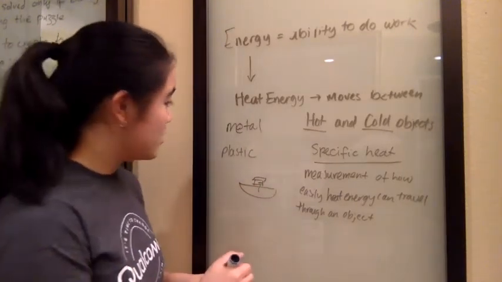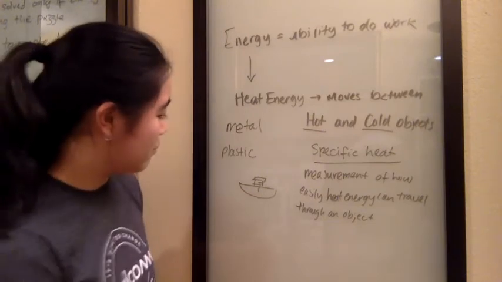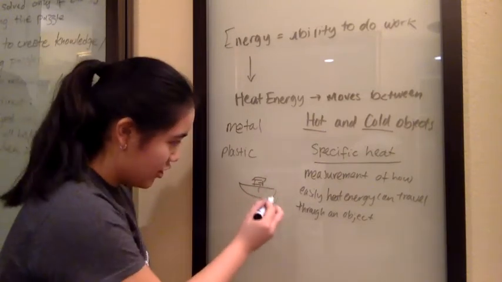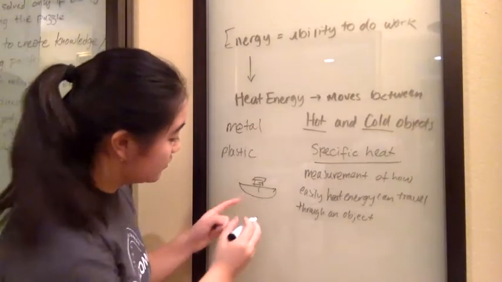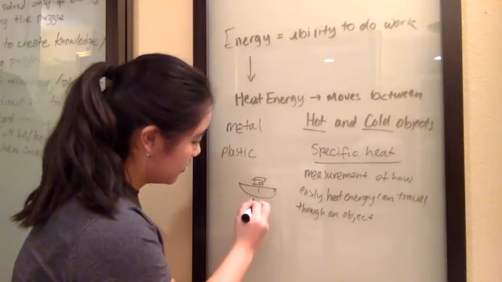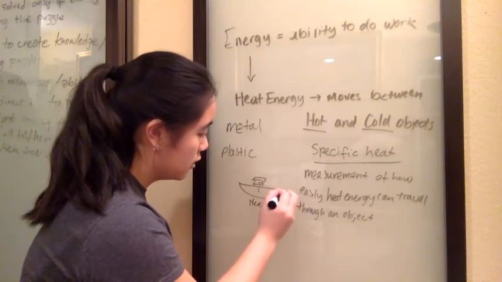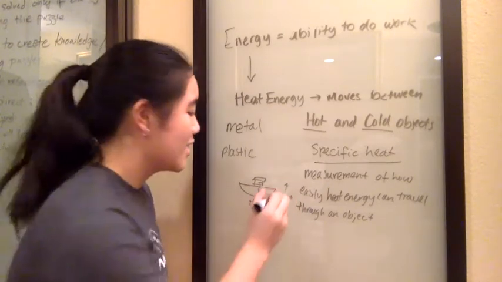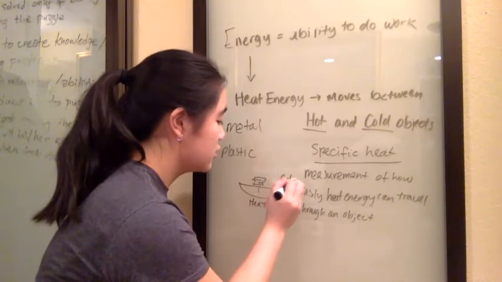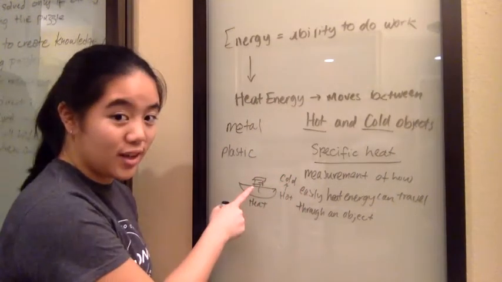Okay? So, let's recap. So we can see here, in the experiment, heat travels from the hot bowl, or the warm bowl, I guess, to the cold ice cube. Okay, so this is the bowl, and this is the ice cube.